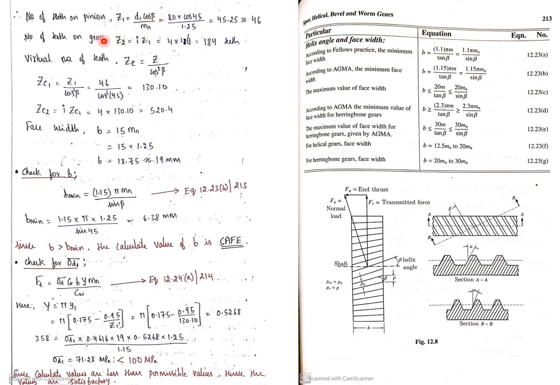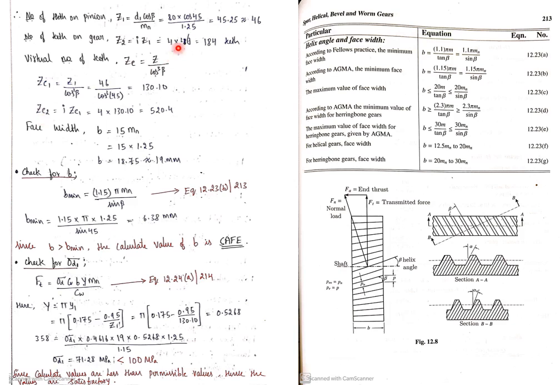Z1 we know the formula, which you get from the previous page number 211. Z1 is equal to d1 cos beta by Mn. Substituting the values, we get 46 teeth, and knowing the velocity ratio, if you substitute 46 you get 184 teeth on the gear. Since you know the teeth on the pinion and gear, simultaneously you need to find the virtual number of teeth of both pinion and gear.